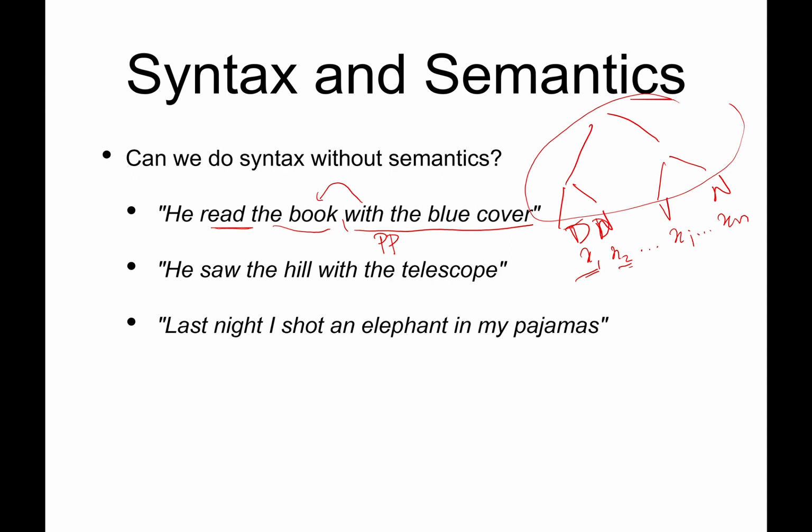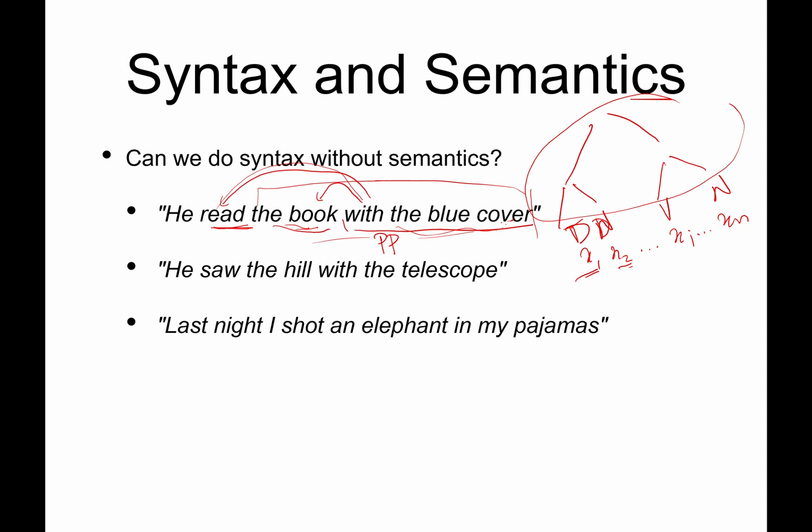That would mean the book has a blue cover and this whole thing is one entity. Or you can attach it to read, and then that would mean that when he was reading the book, he was using a blue cover, which means that a blue cover is a tool that you can use for reading a book.